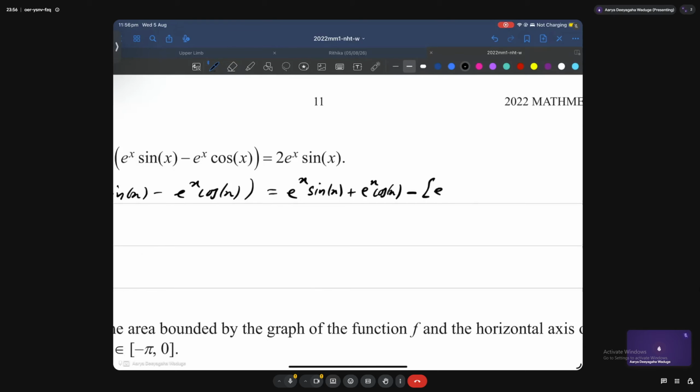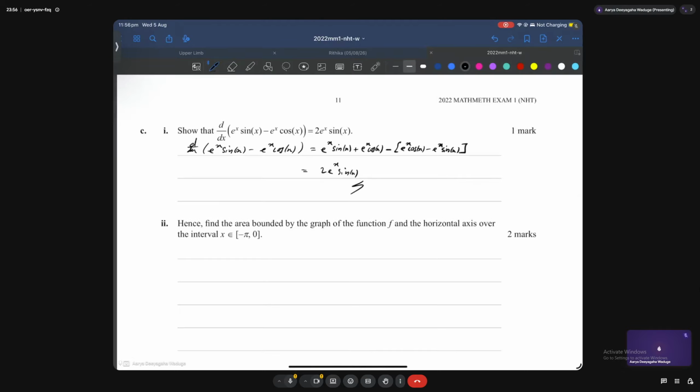So this one will become e to the x cos x minus e to the x sine x. You can easily tell what this becomes. When you subtract, it's going to be 2 e to the x sine x, and you can see that these two become 0. So that's just it.